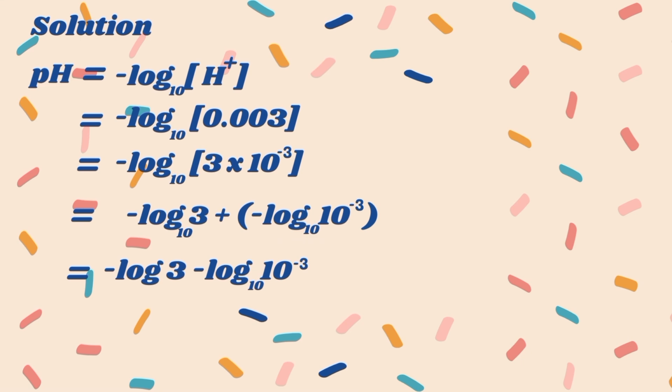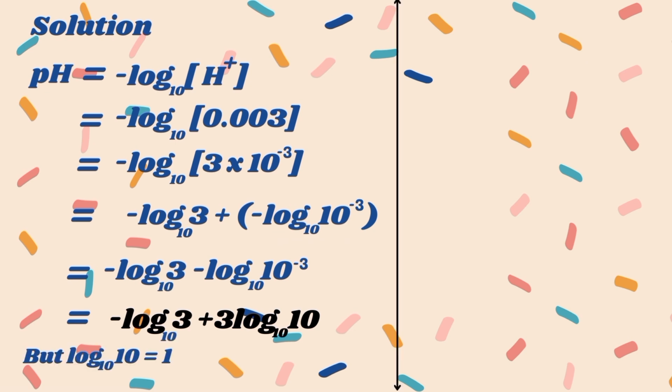And you recall, like I said in a previous example, minus 3, we had to rearrange it such that we multiply it by the minus in front of negative log 10 base 10. So this will give us a positive in front of it. So we have negative log 3 plus 3 log 10 base 10.